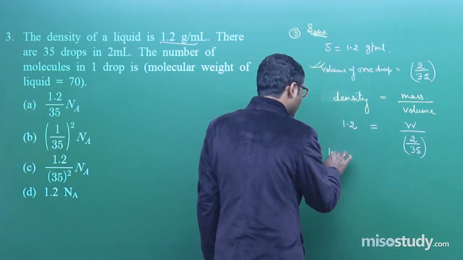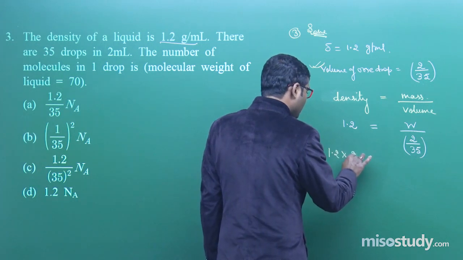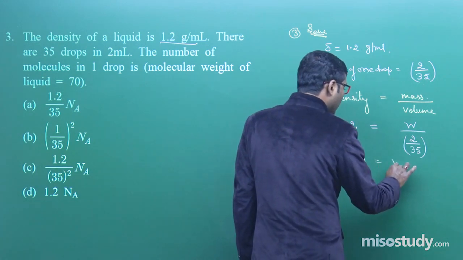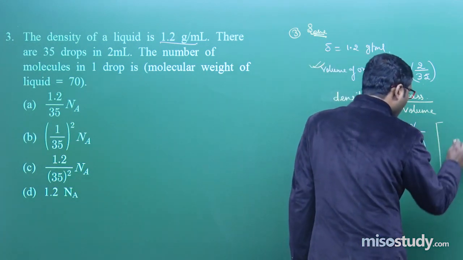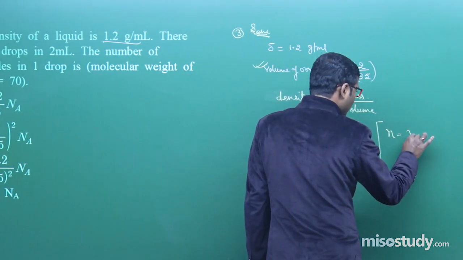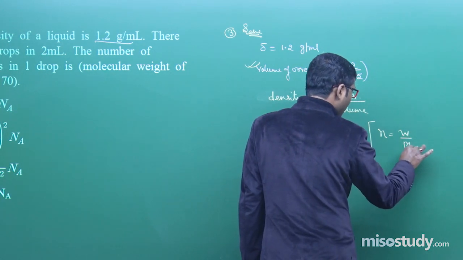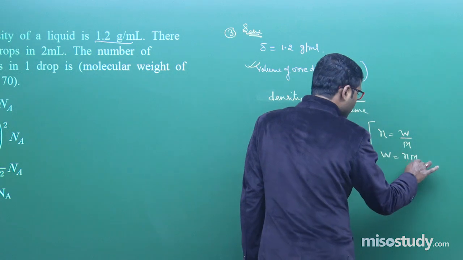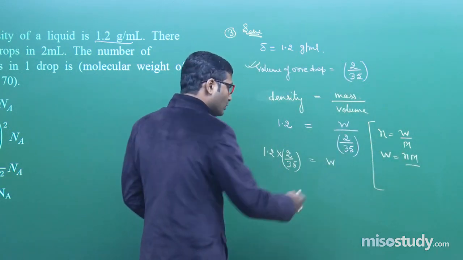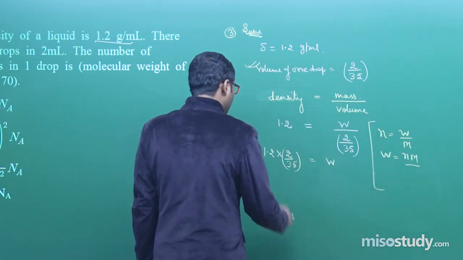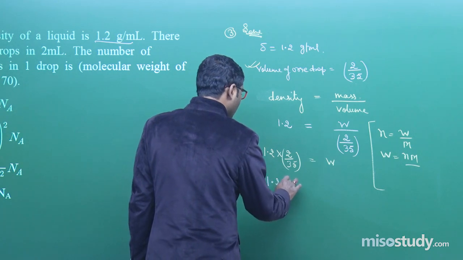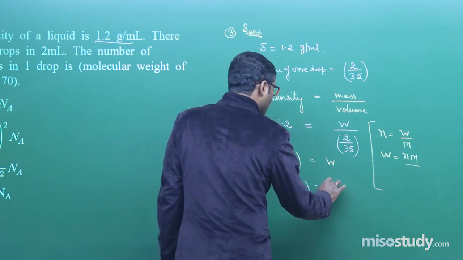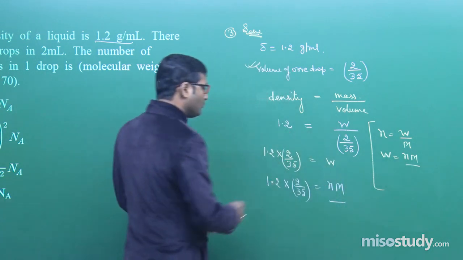Now we will write 1.2 into 2 upon 35 is equal to the given mass. And we know that number of moles is equal to given mass upon molar mass. So given mass will be equal to number of moles into molar mass. 1.2 multiplied by 2 upon 35 is equal to number of moles into molar mass.